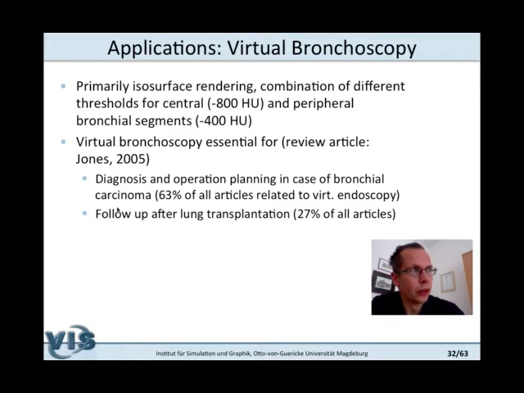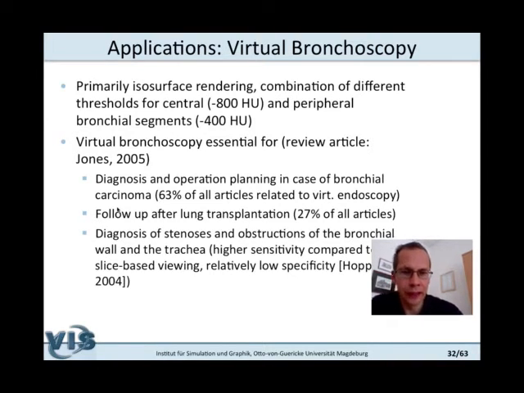People have to take drugs in order to avoid that the transplant is rejected by the recipient, and so therefore their health state is improved by the transplant typically, also considerably improved, but it's still a situation that requires control. And 27% of the articles relate to this application.